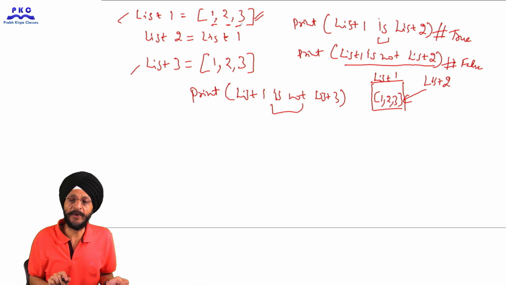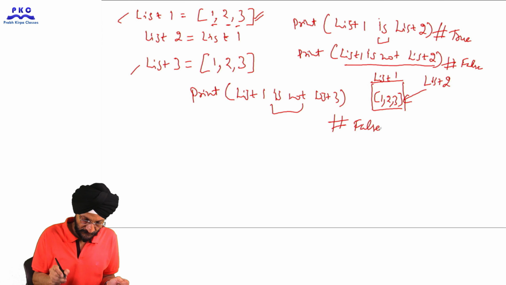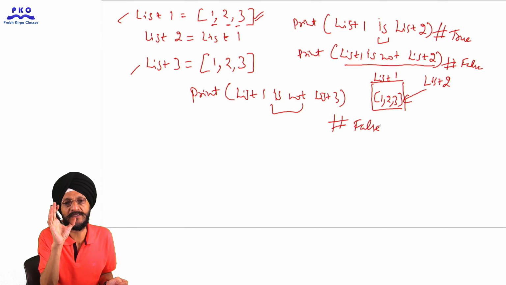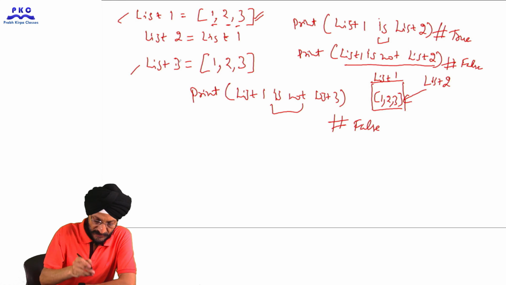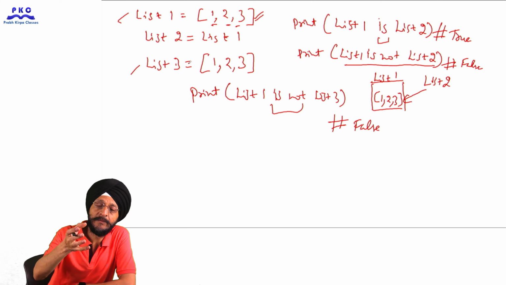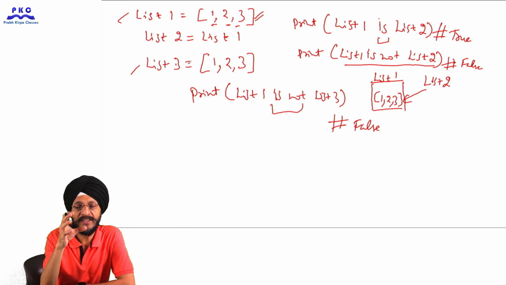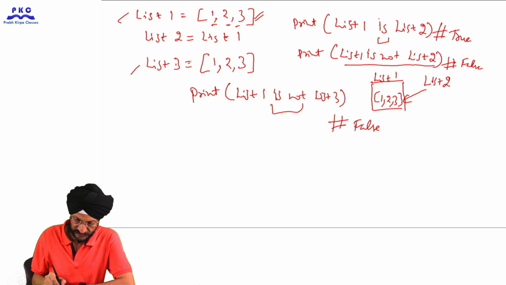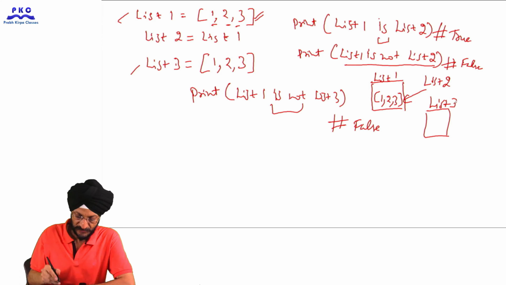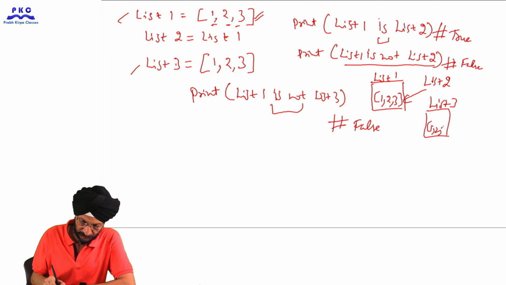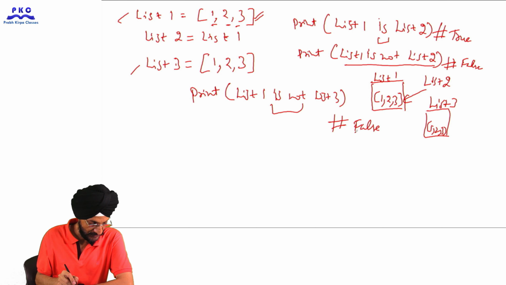The is not operator will give the output as false, because in case of lists, each assignment creates a new object in memory. So the answer will be false.